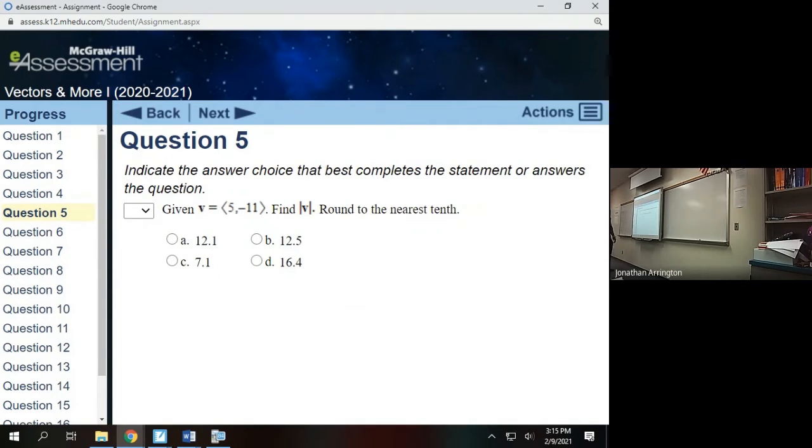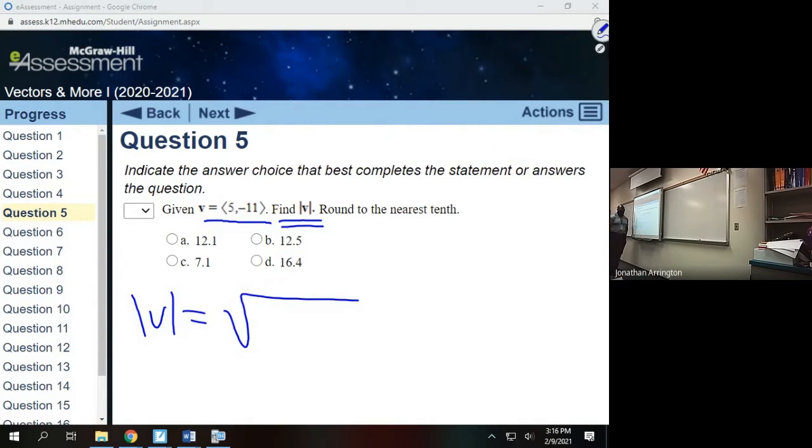Okay, so number 5. Notice the vector's in component form. How can I tell? Angle brackets, plus it's not two different numbers. There's only one pair of numbers, so it must be in component form. And they want me to find the magnitude. So I know that the magnitude of vector V is the square root of the sum of the squares of the components. So this is the square root of 5 squared plus negative 11 squared.